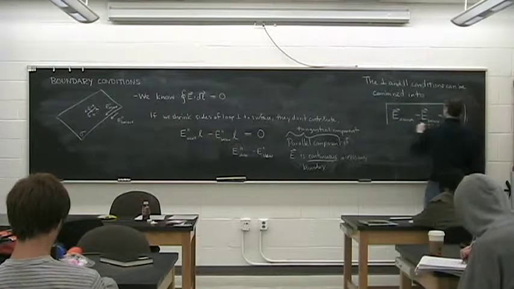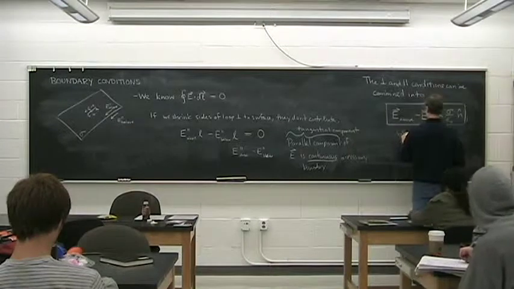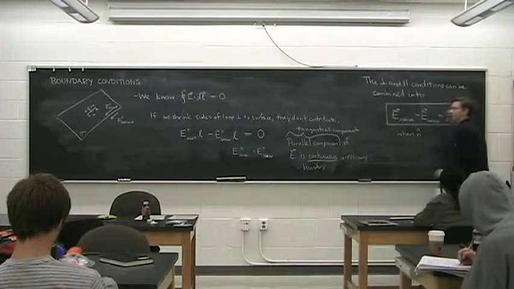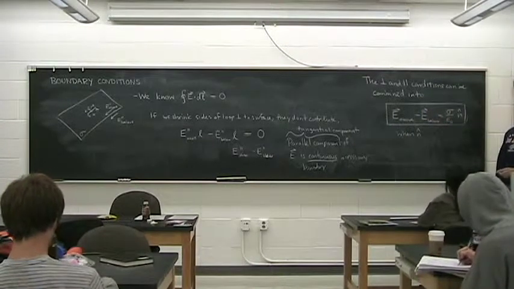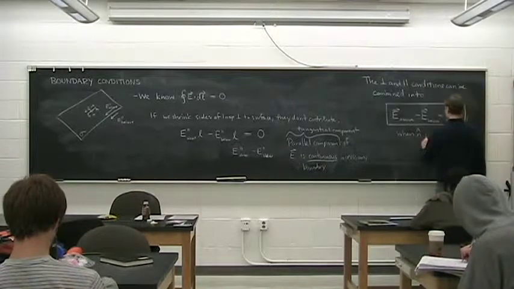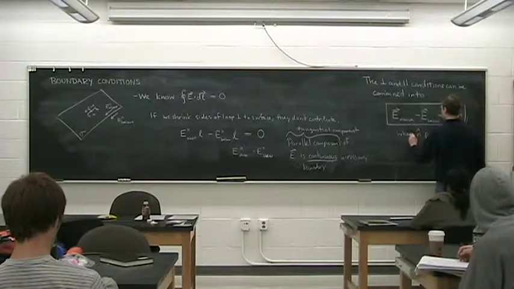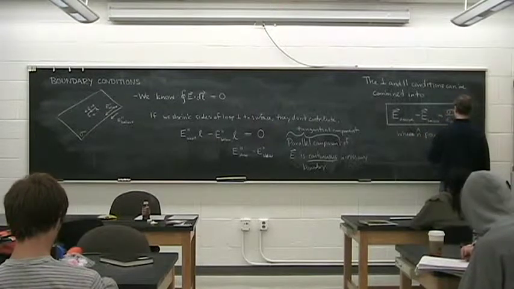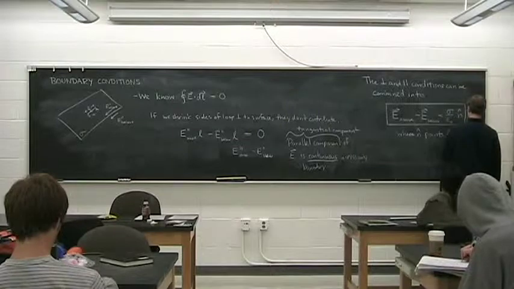Box around that one, where n hat is a unit vector. Hat always means unit vector. So n hat is a unit vector where n hat points from below to above.